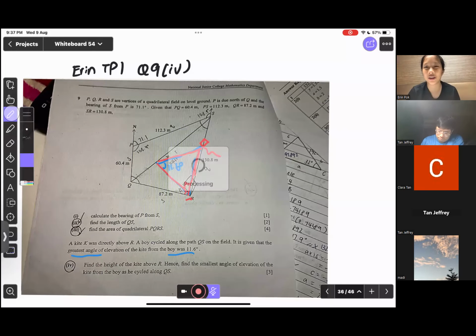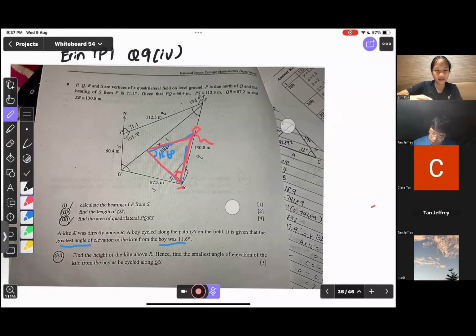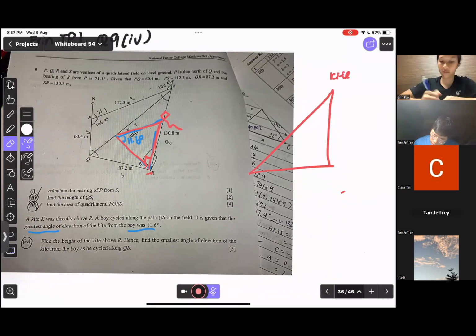Wait, I cannot visualize. Okay, here, right? You see this red color triangle? It looks like that. There's the kite, the kite is here. Then the boy is here, looking here.